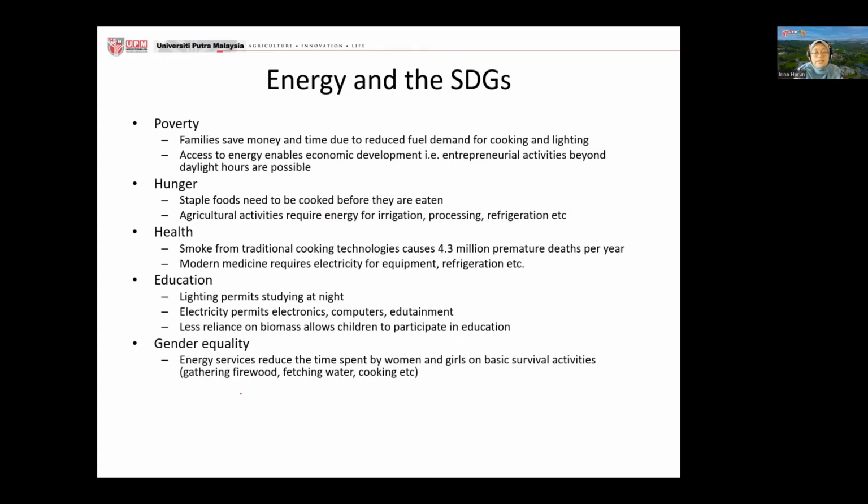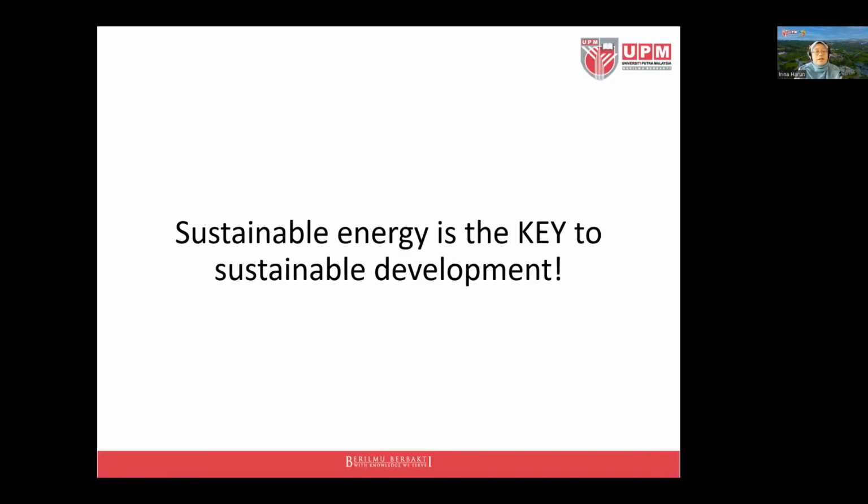Health, education, gender equality. There are a lot of places where energy actually plays a very big part. So as a conclusion, sustainable energy is the key to sustainable development, and it's interspersed everywhere throughout the 17 goals.